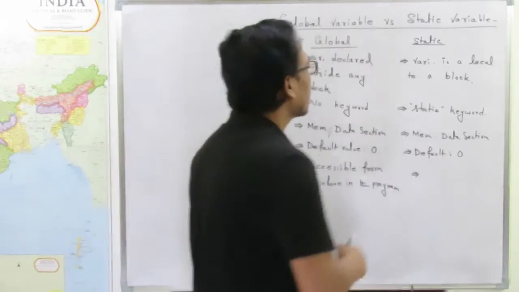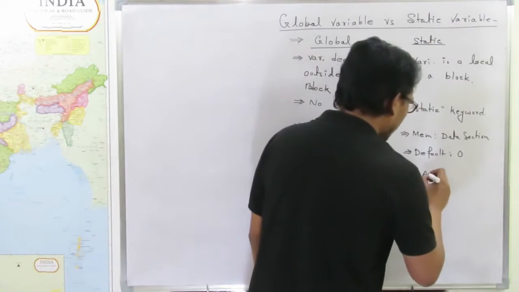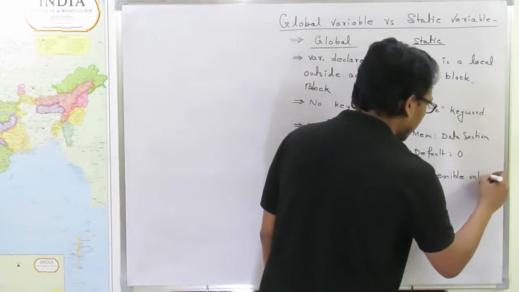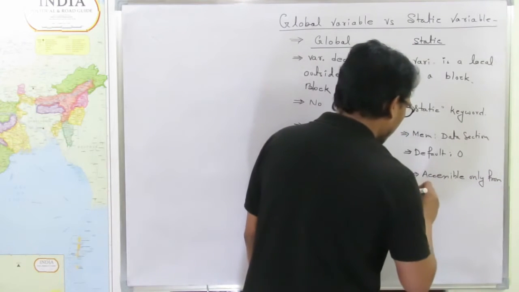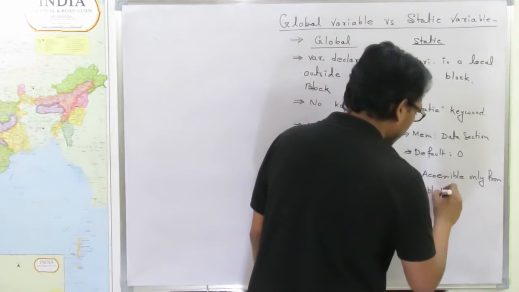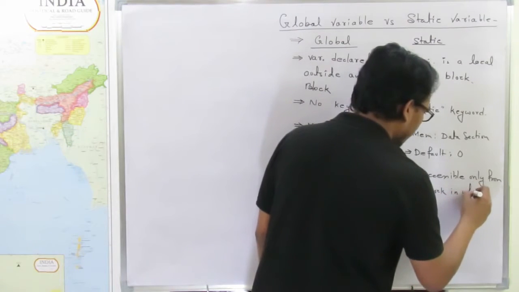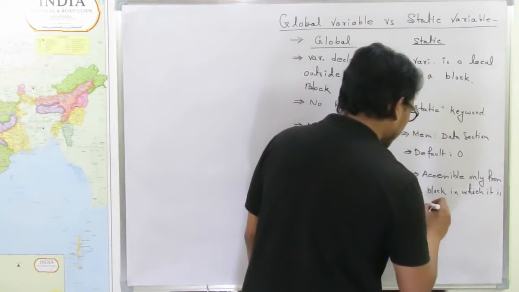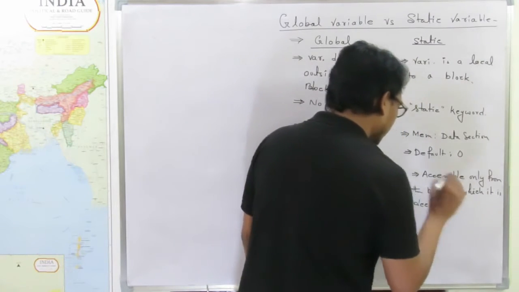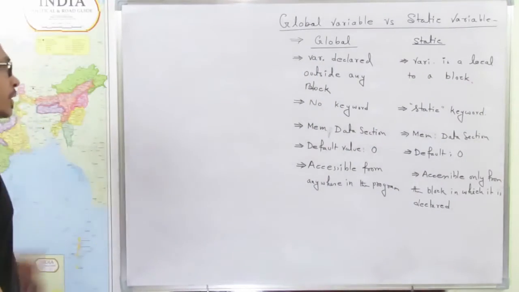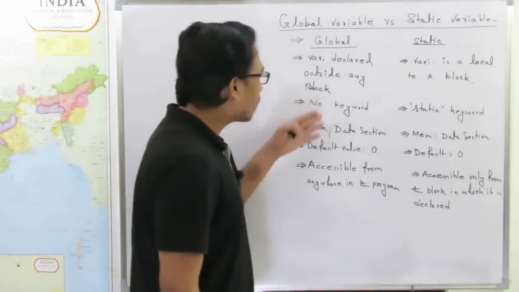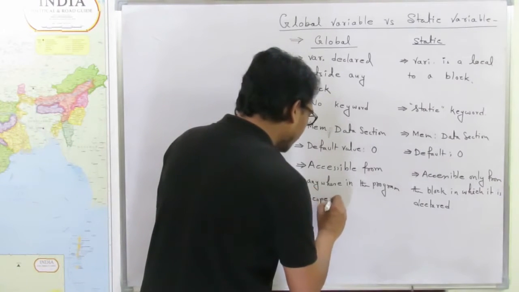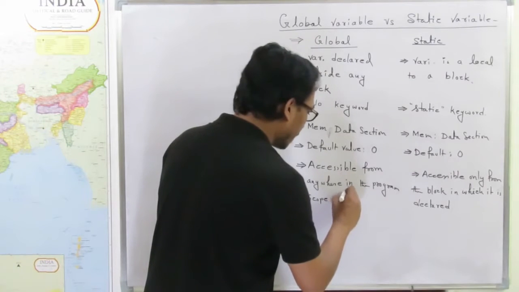Clear? That means for static variable, it is accessible only from the block in which it is declared. That means for global variable the scope of the variable is the whole program.